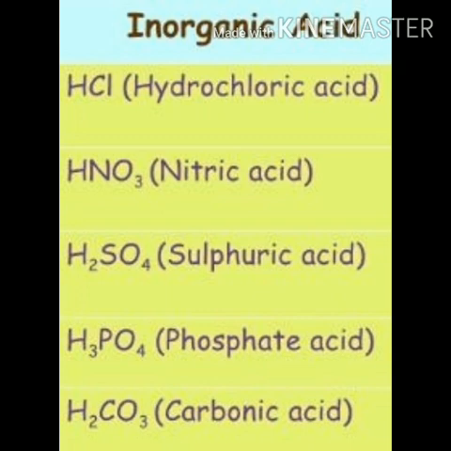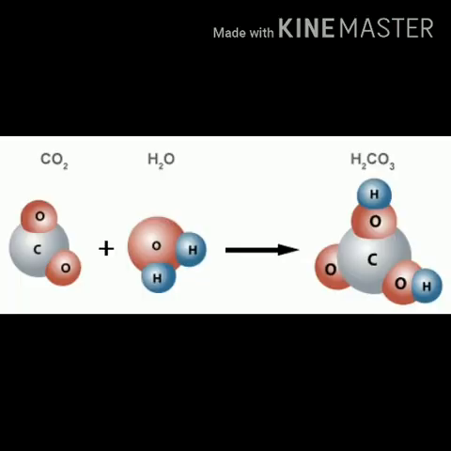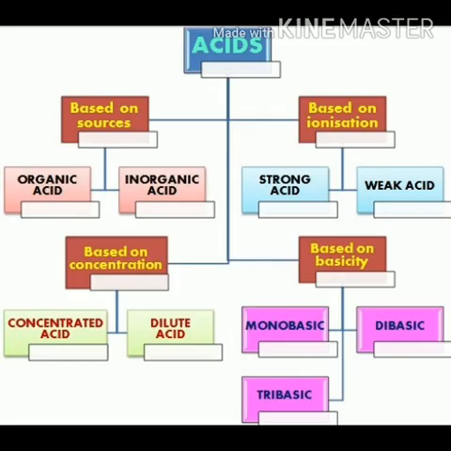Now you can see carbonic acid is made from carbon dioxide. When it dissolves in water it gets H2CO3, and that is called carbonic acid. So it's clear that two inorganic substances, CO2 and H2O, chemically interact with each other to form the inorganic acid.